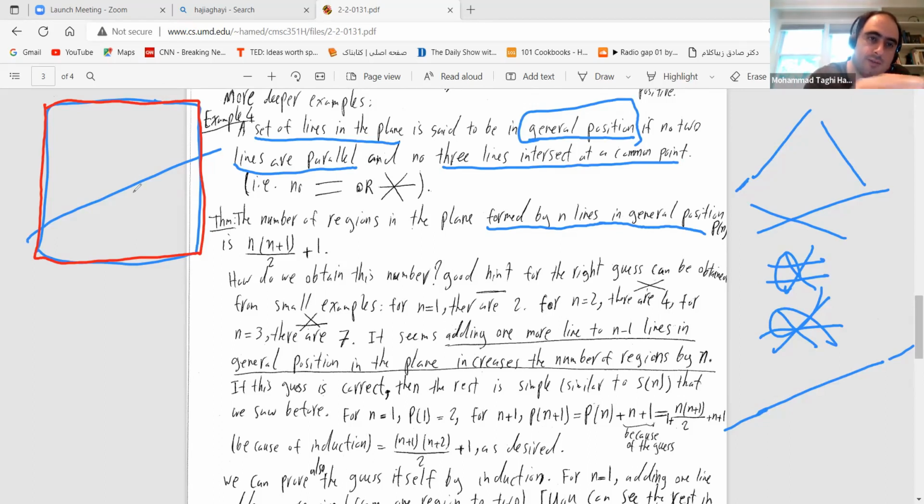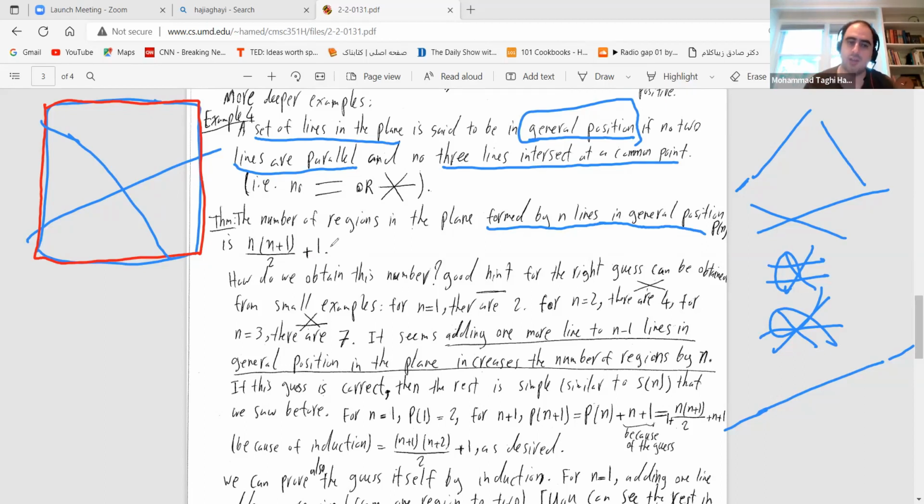Now, what if we have 2 lines? How many regions do we have? 4 regions. Good. So it seems to be correct. If you put n equal to 1 in the formula, it would be 1 times 2 over 2, which cancels, so it is 1 plus 1, which is 2.